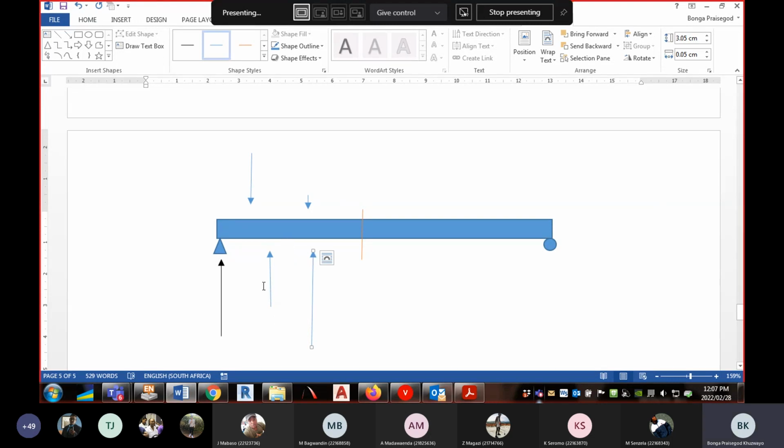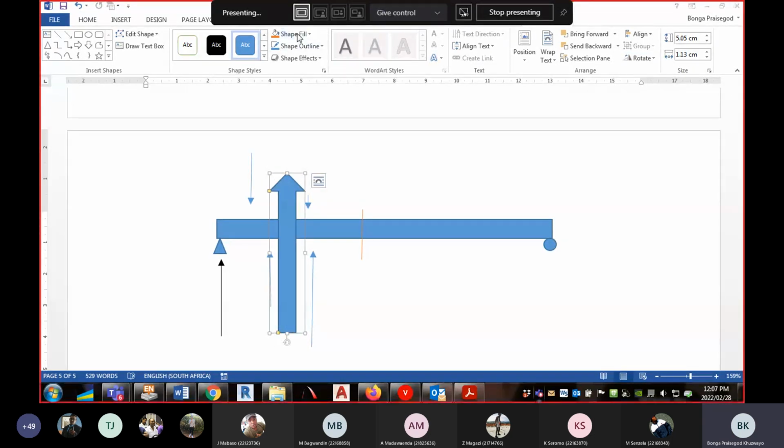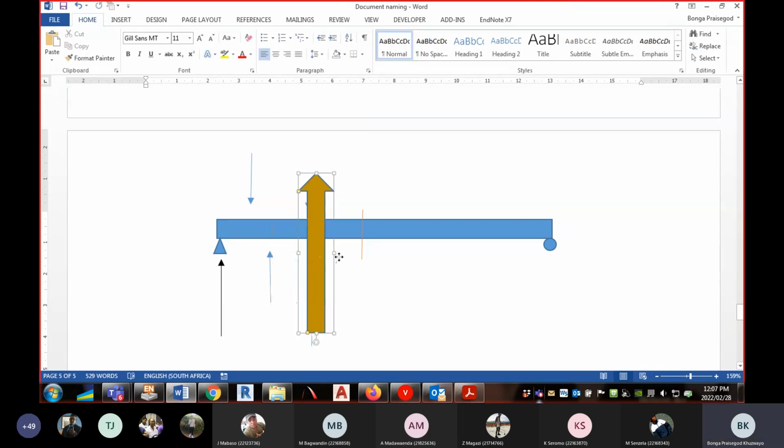So the algebraic sum of the forces to the left of the section is going to go up. That's basically what's going to happen.